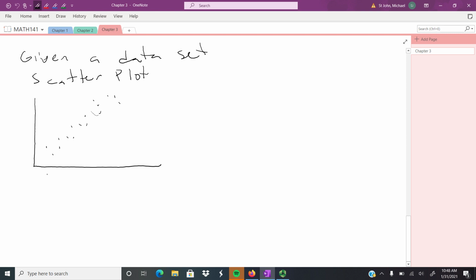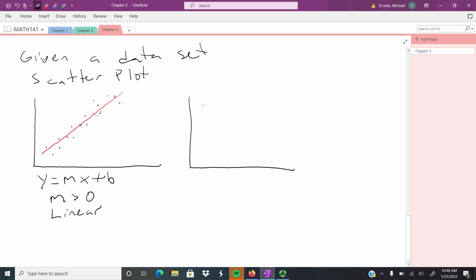This one looks fairly linear, and it looks like it has a positive slope. I could put in a line of best fit, which would go something like that for that data.